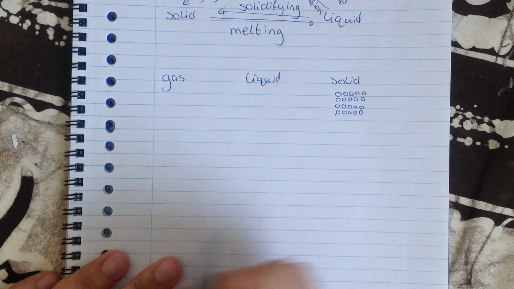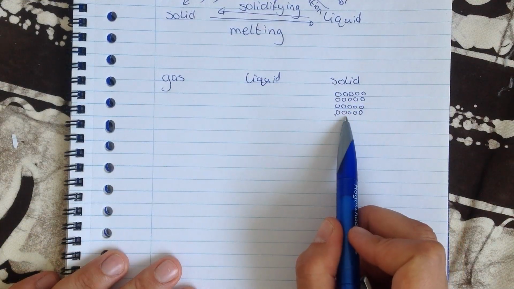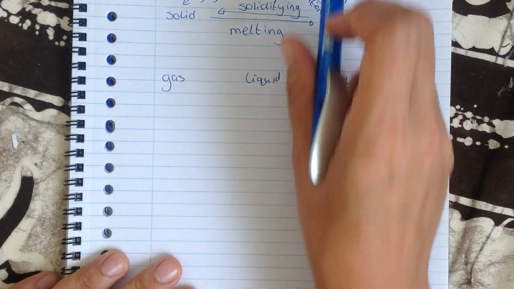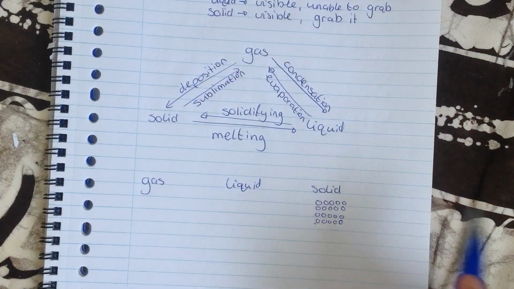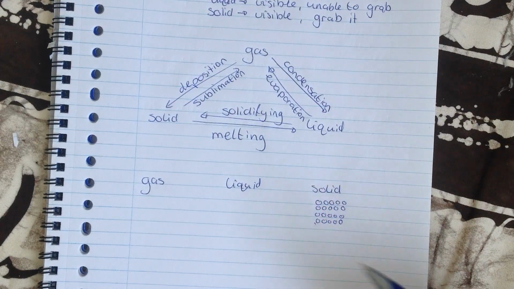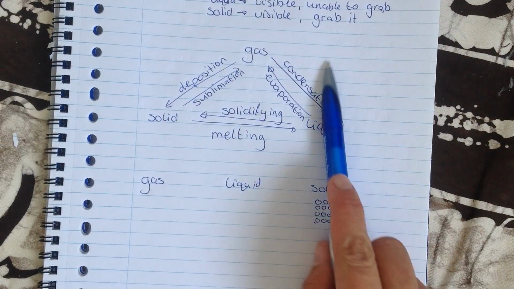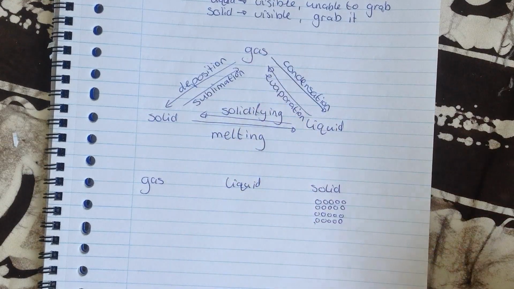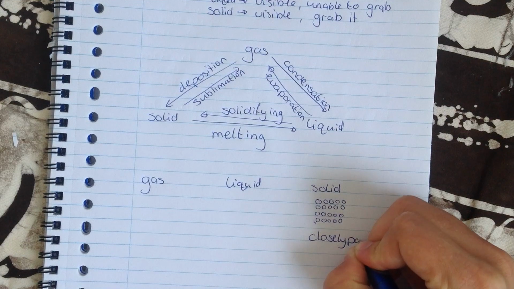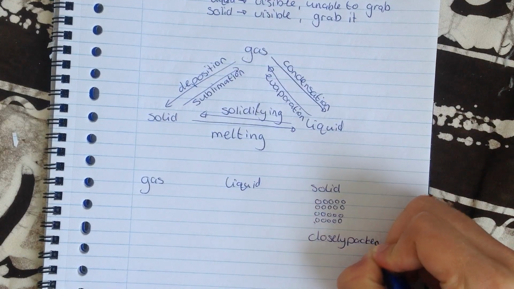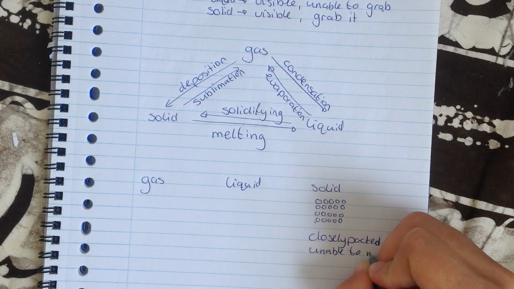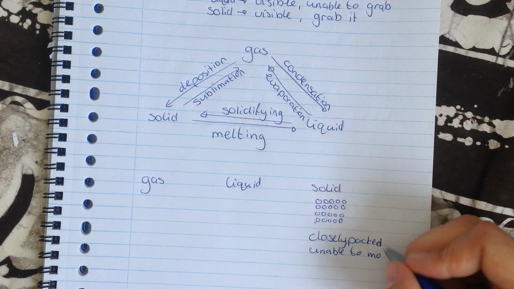As you can see that they are all packed closely, which is the reason why you can grab it. So the way the particles are packed, they are so close together that it's impossible for them to move, and that is why you can grab it, and that is why you can see it. So closely packed, unable to move.